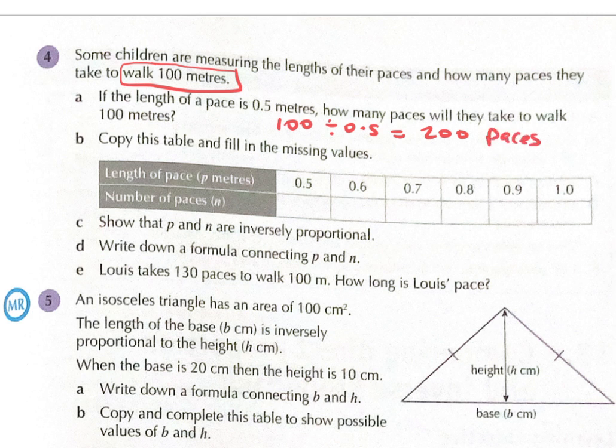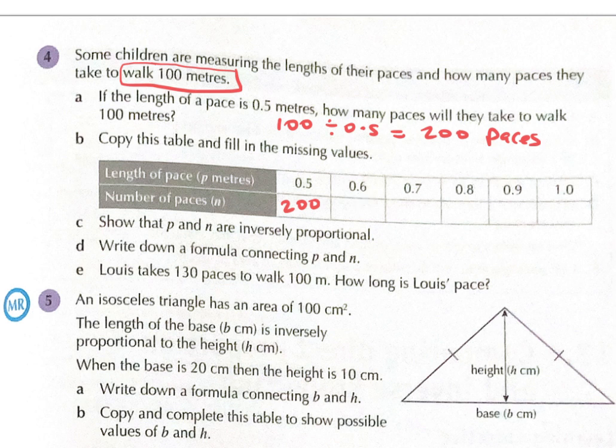Okay. Now for B, complete this table and fill in the missing values. If the length of the pace is 0.5, we need to find the number. For 0.5, we did, which is 200. For 0.6, 167.